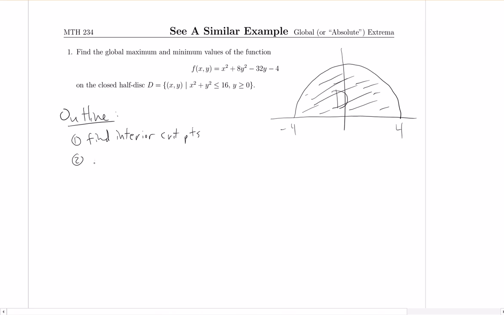And two, we'll parameterize the boundary, which, depending on the region in question, may have to be broken into pieces. Like in this one, we'll have to break the boundary into two pieces, the bottom horizontal edge and the top circular edge.